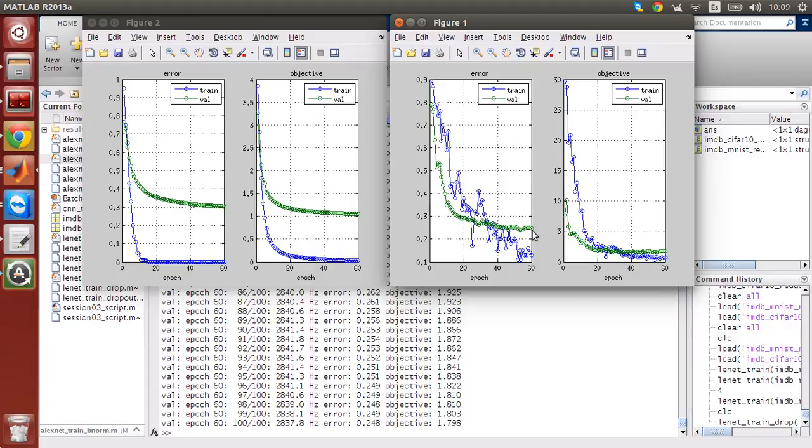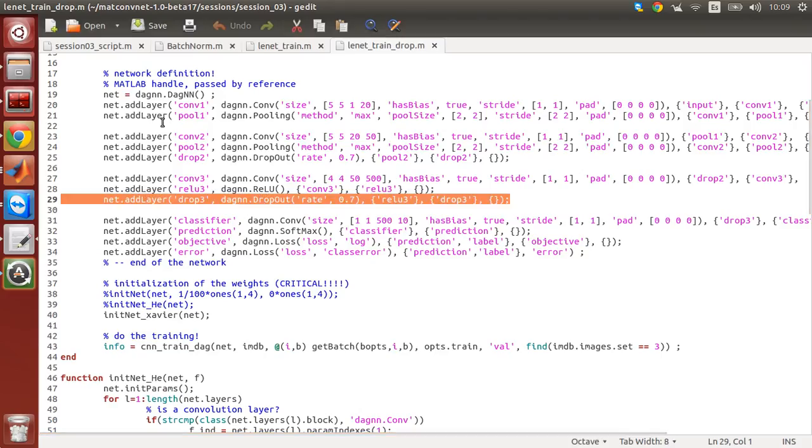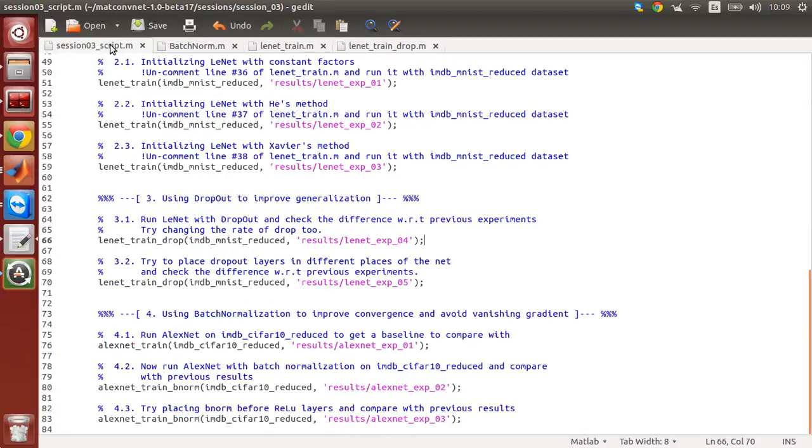So I hope this helps a little bit to make you understand the importance of dropout when trying to improve generalization of these methods. If you keep following the script for this session, you see that now you have the chance to play a little bit with dropout, trying to put them in different places, changing the rate.